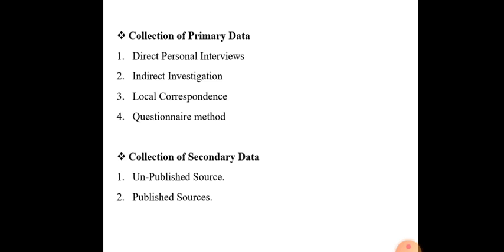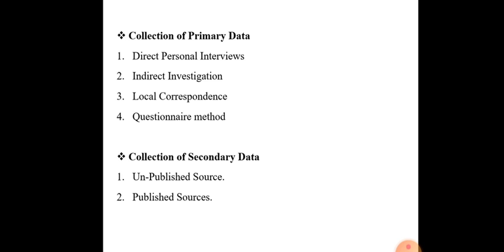If they want to inquire about something, then the investigator puts some questions relating to that concern, and collects the necessary and desired information from the persons. So this is the direct personal interview.